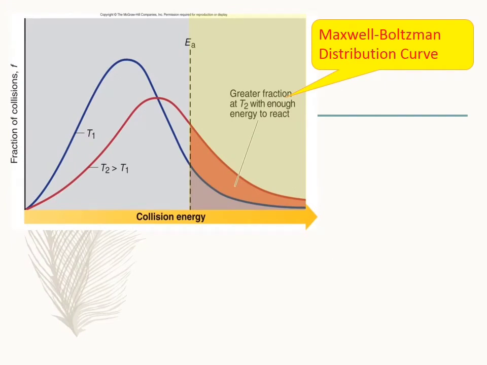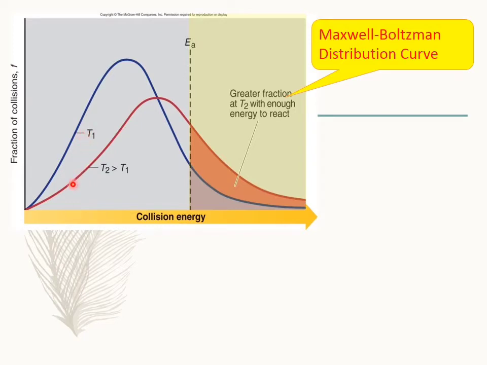Okay guys, so I will explain more about the factor of temperature on the rate of reaction by using the Maxwell-Boltzmann distribution curve. The y-axis here is the fraction of collision, and the x-axis here is the collision energy.